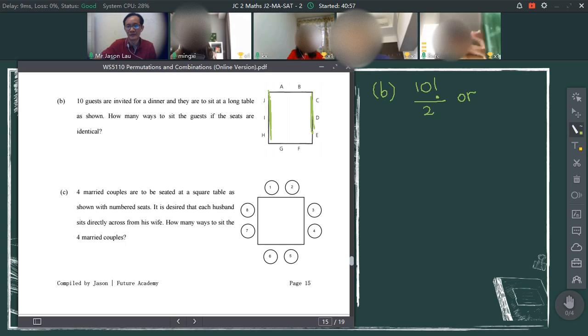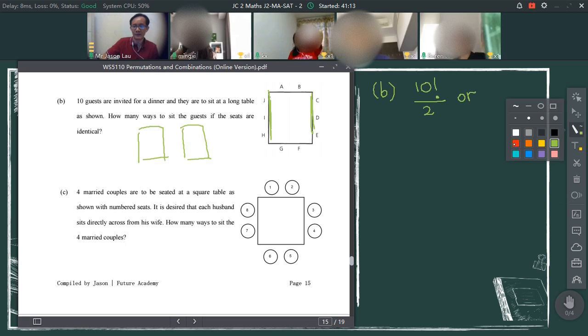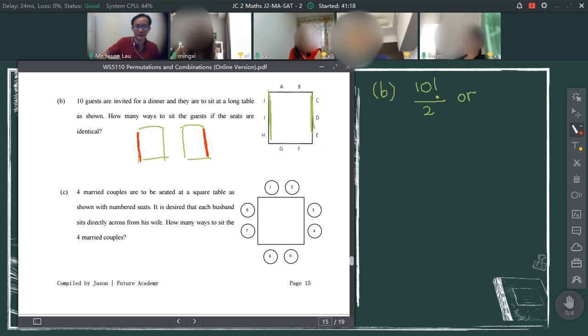You are rotating the whole table to get the same shape. Whenever you rotate, you must get back the same shape. You get me? So I draw it here. This is the table. You rotate, first time you start over here, you get this part, and you rotate again, you get back the same thing.